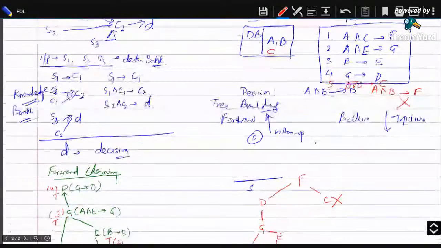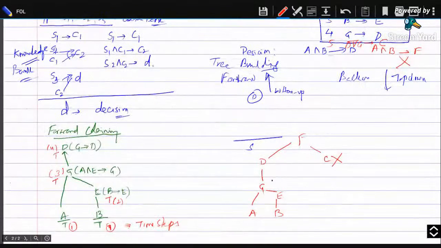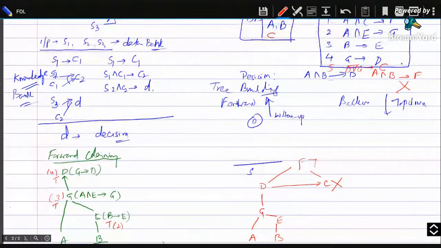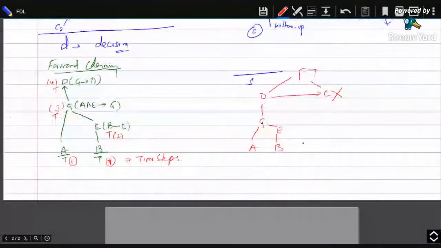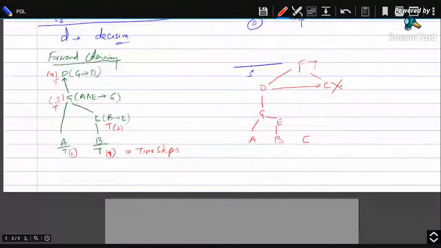So either of these two, D or G, will imply C to be true, and therefore this will also be true. Yes, you can prove it if it is there here, or if you have started with another term here, which is C, which you well know is true. So this is how forward chaining is done.